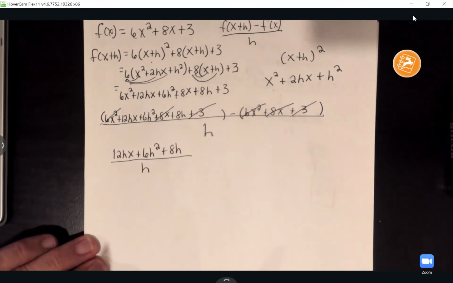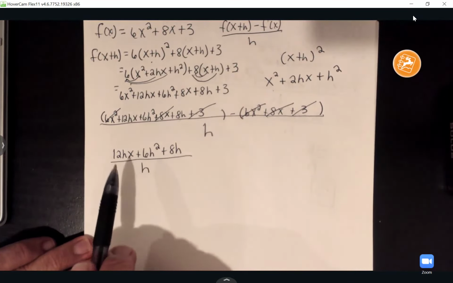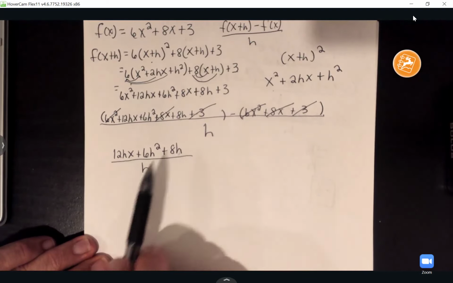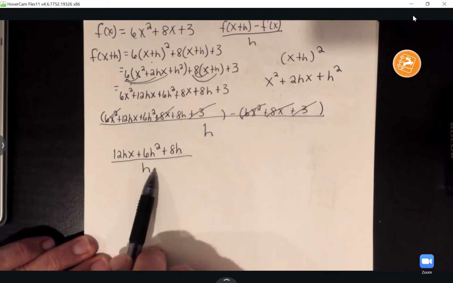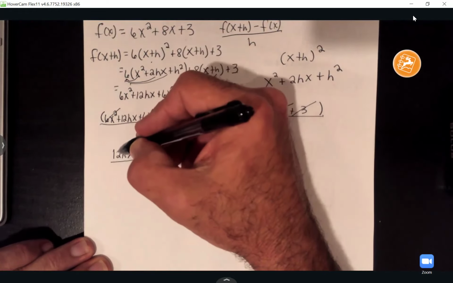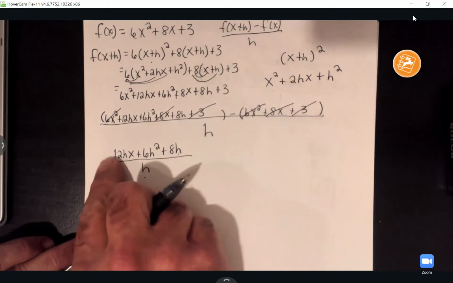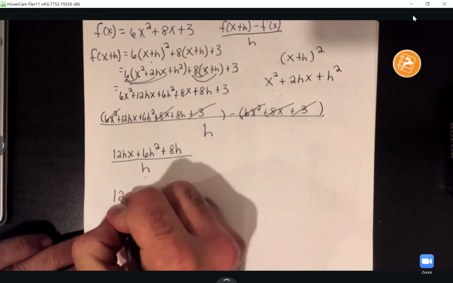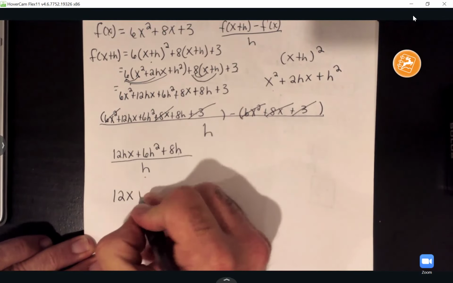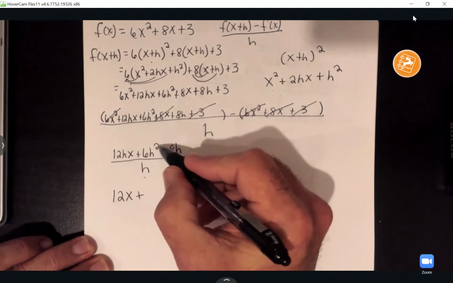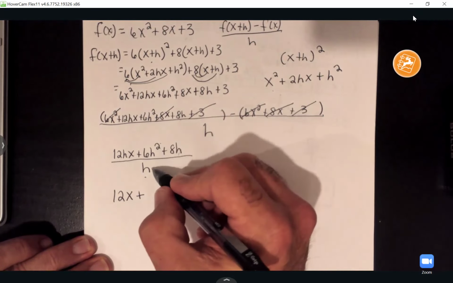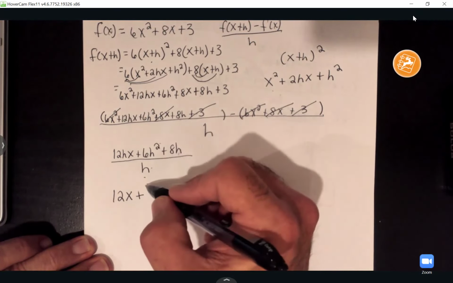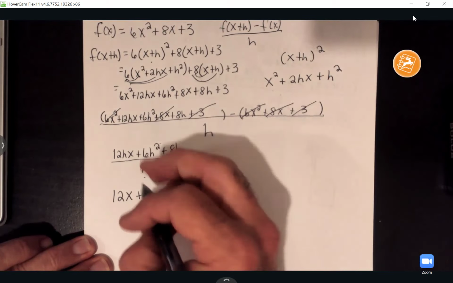So now here's where you got to be careful. We got to divide every single one of these on top by that h. So this h would cancel, leaving 12x. Plus, well, here you got 2 h's on top, 1 on bottom. So 1 h will cancel, leaving 1 on top.